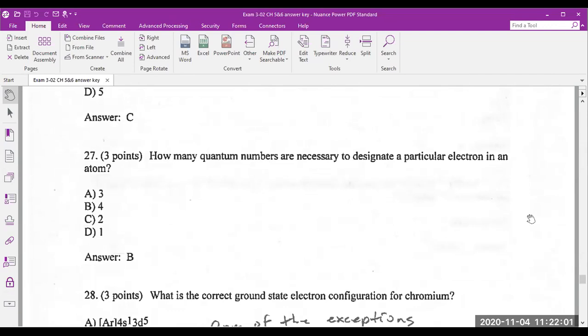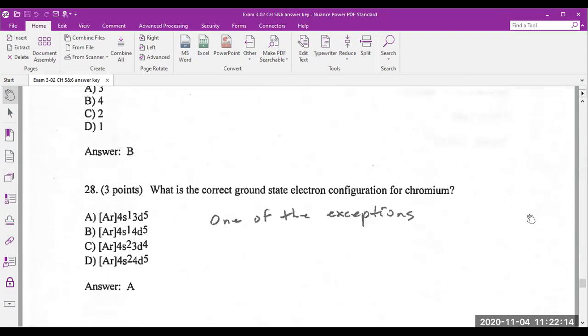How many quantum numbers are necessary to designate a particular electron in an atom? And the answer is 4. There's four quantum numbers that we use to describe the electrons. 28, what is the correct ground state electron configuration for chromium?